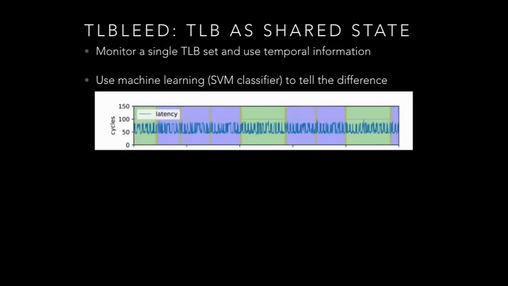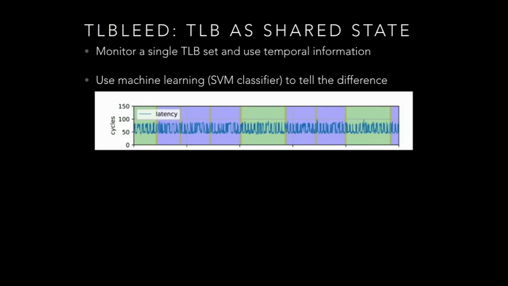So we capture this. This is the raw signal that we capture for real on the spy thread. So we access a TLB set all the time. Most of the time the latency is low because the access that we do fits in the set completely, fits perfectly, so it's fast.